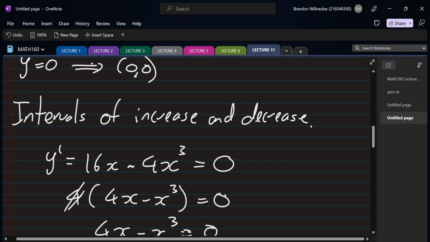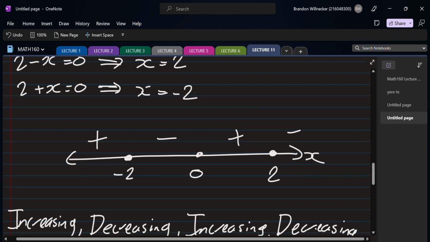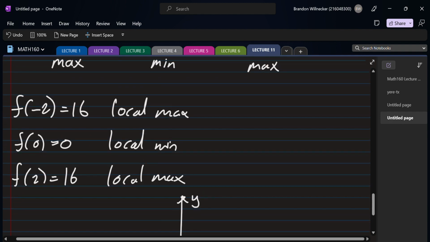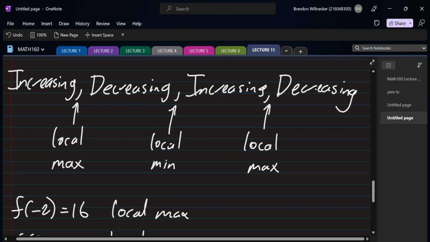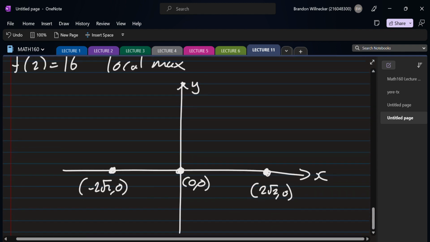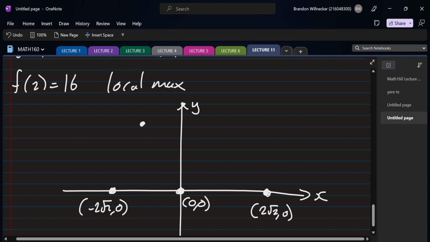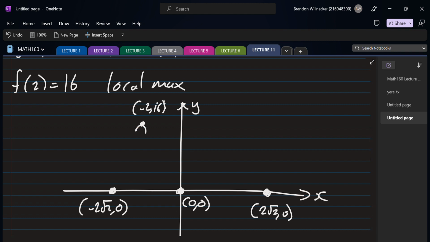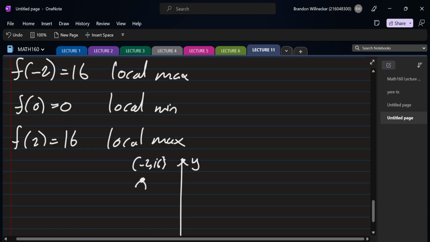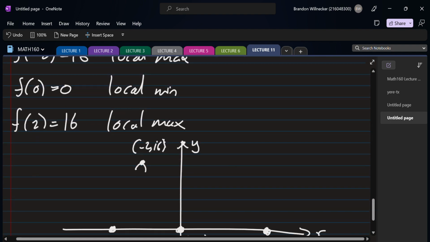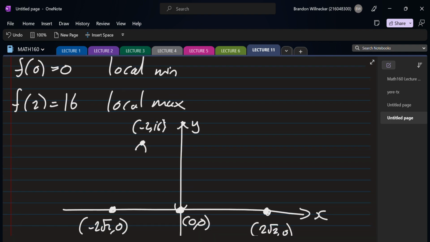Okay, intervals of increase and decrease, that's where we now draw those lines. Okay, so it's going to be increasing to a local max. That local max is at -2 and 16. So that's going to be somewhere here. We know that's a local max, so it looks something like that. Then 0, 0, that was the local min, it will be something like that.